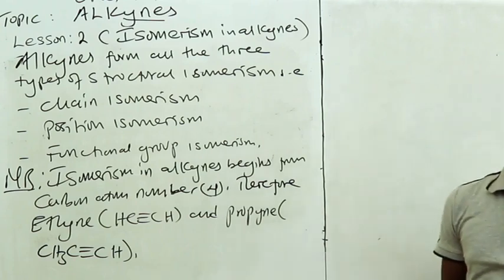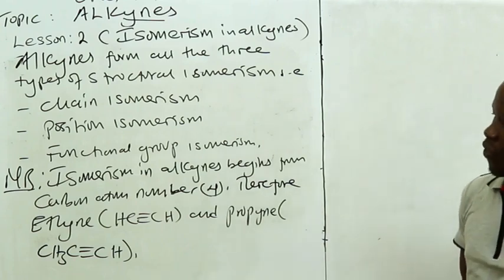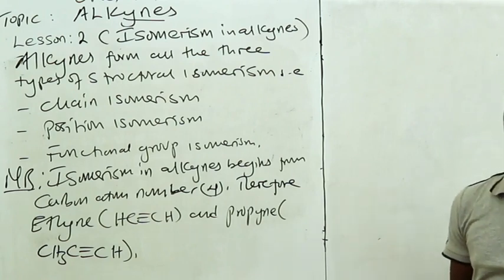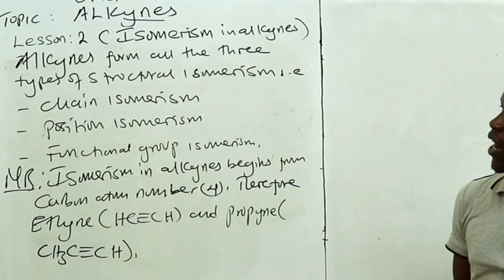But when we go to 4 carbon atoms, then isomers start to come in. And we are going to look at some examples here of some isomers.